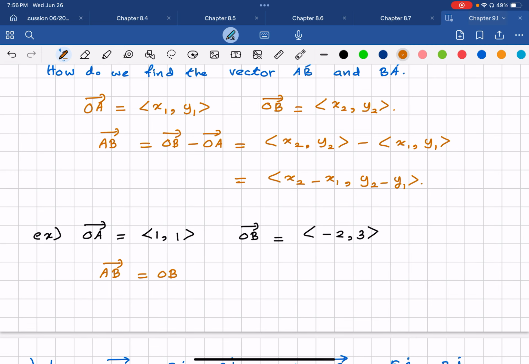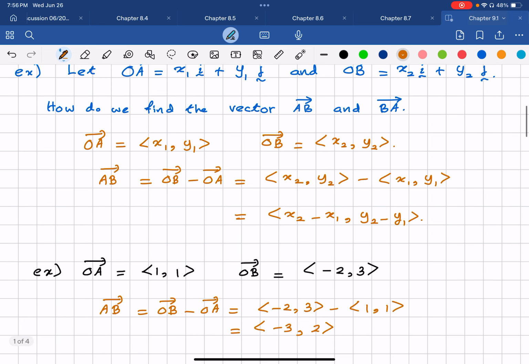That is OB minus OA. So OB is (negative 2, 3) minus (1, 1). I subtract 1 from negative 2, so I would get negative 3, and I subtract 1 from 3 and I would get 2. Okay, that's how we find AB.